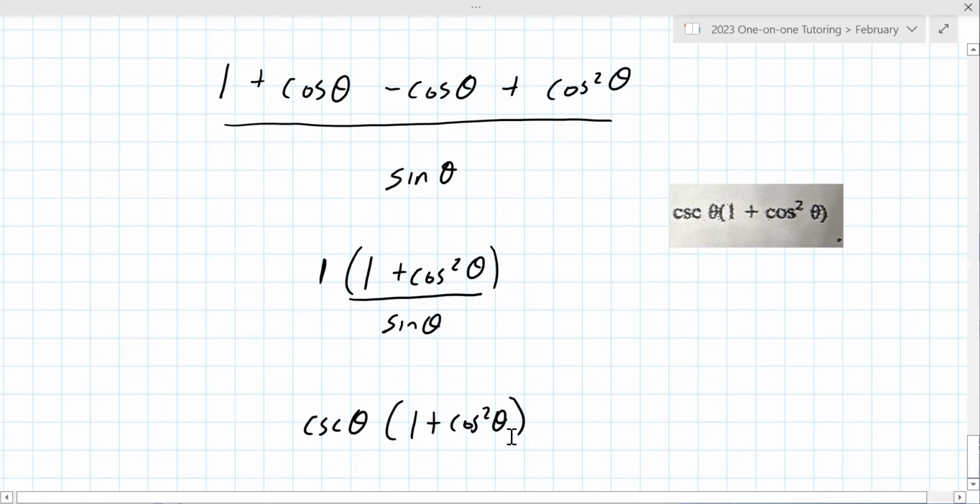And that becomes the cosecant theta. So good. Really, these are tough. Sometimes it's that last step where it kind of all falls in.